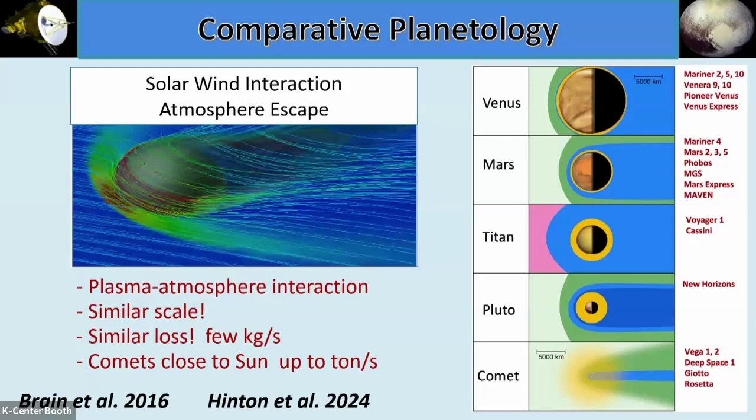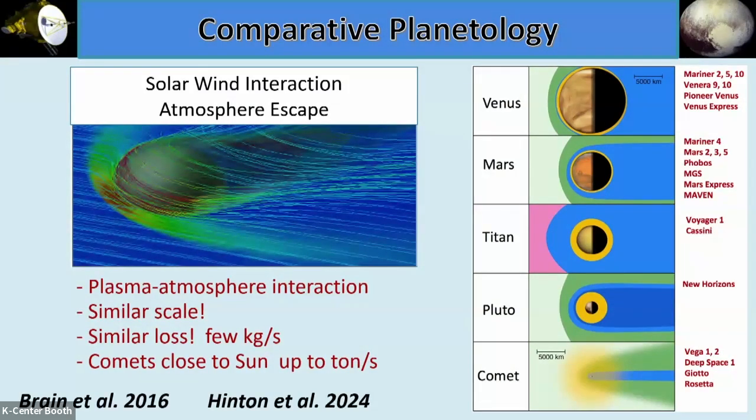What he found was that even though these objects are very different in size, the interaction of the solar wind, or the surrounding magnetospheric plasma, with these objects produces a similar size interaction region, similar in scale, even though this is across the entire solar system, and a similar loss rate of a few kilograms per second.